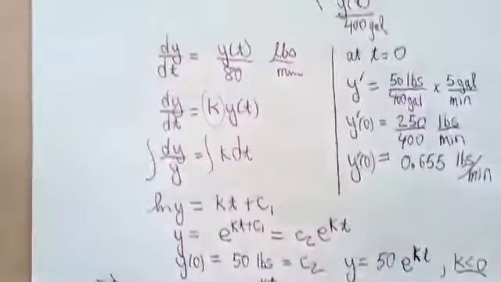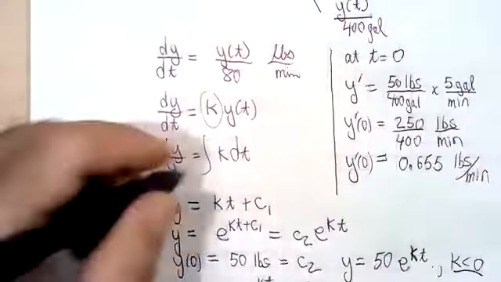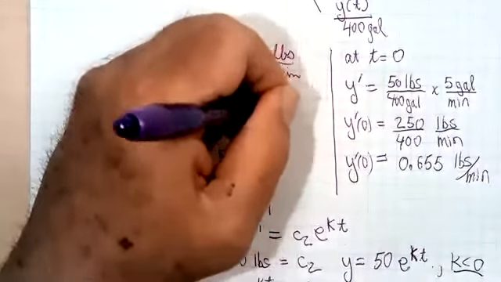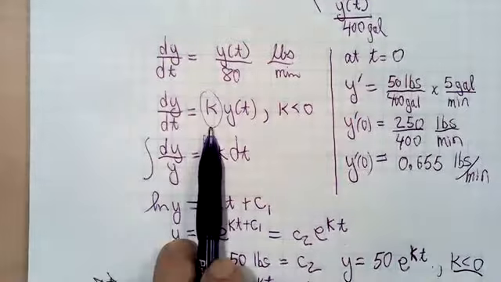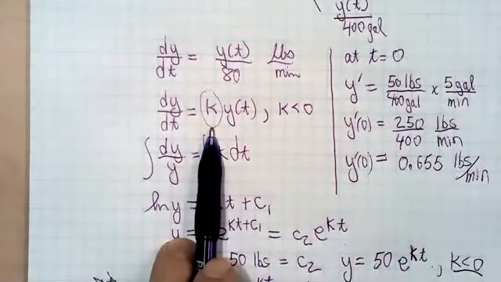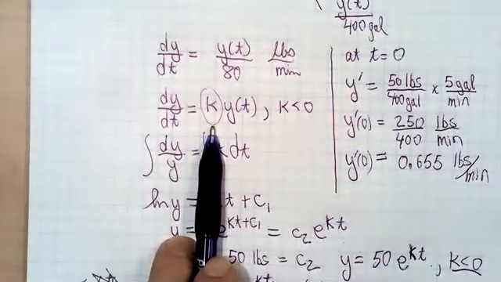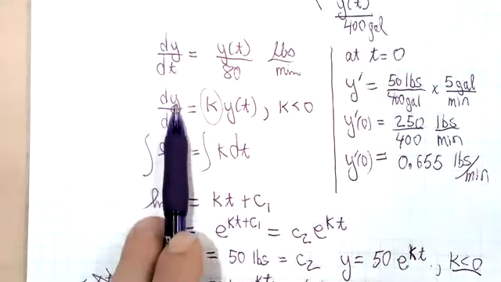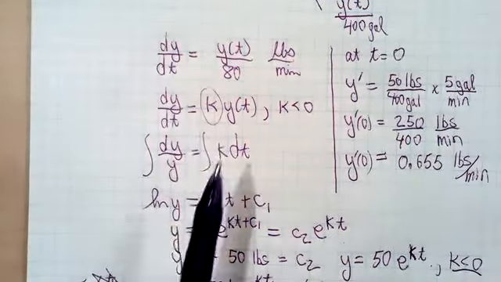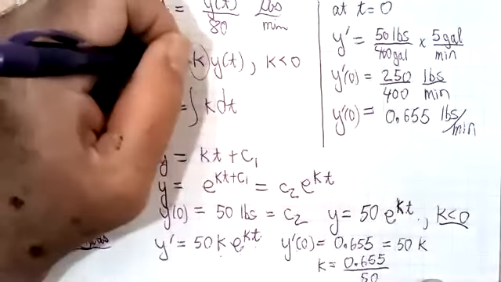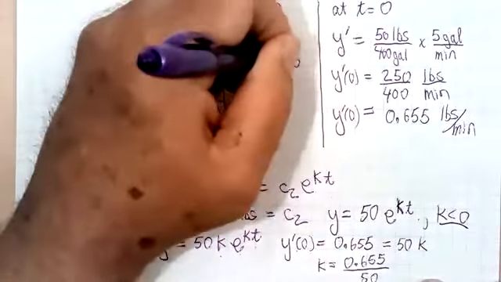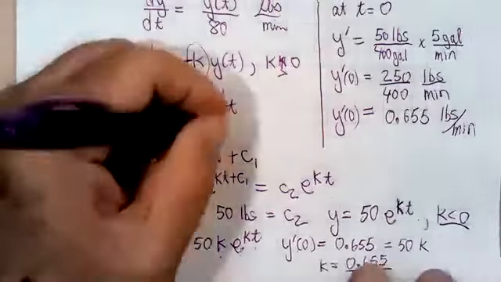So finally, I have an example where you need to pay attention. This k has to be negative. Why do I know that? Because the amount of salt is decreasing, so the derivative is negative. Okay, so way back here, how about if we wrote this as minus k, where k is positive?